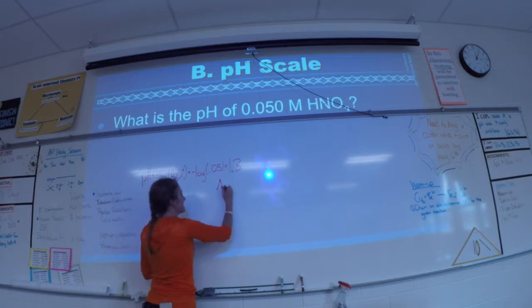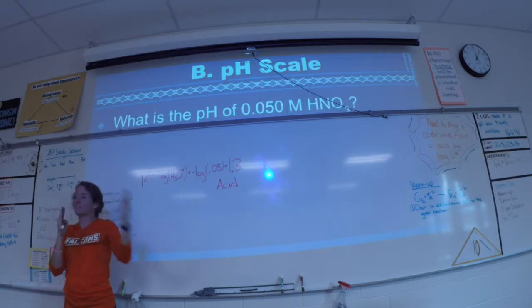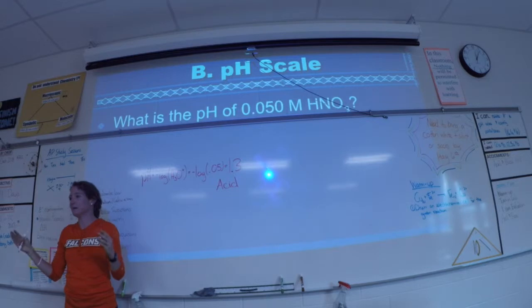You just gotta flip your pH scale. So less than 7 is an acid, greater than 7 is a base. Why would you flip it? So that's the way it's built. I was saying you had it backwards in your head.